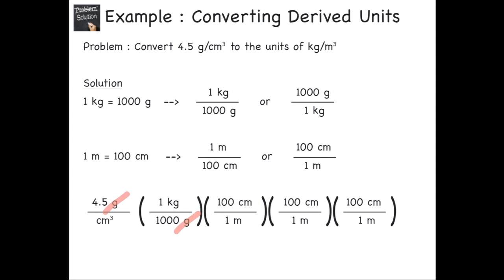And then I'm left with meters, meters, meters. So it's kilograms per meters cubed. All those cancel except for those. And I have 4.5 times my 1 times my 100 times my 100 times my 100 divided by the 1,000 here. And I didn't bother writing all the ones out. Okay? So that's from start to finish how you do even more complex conversions.